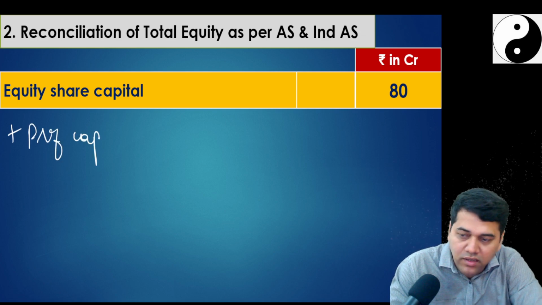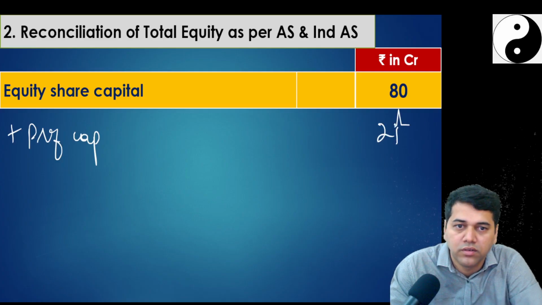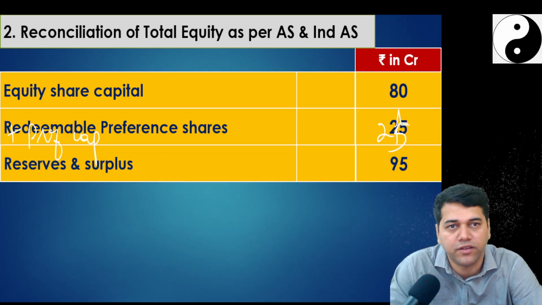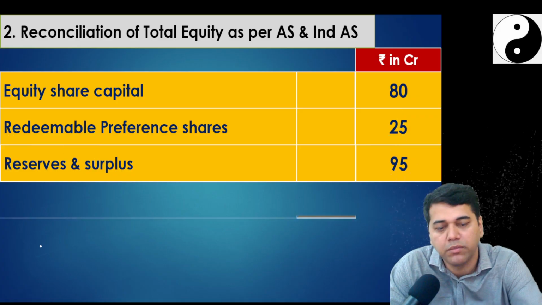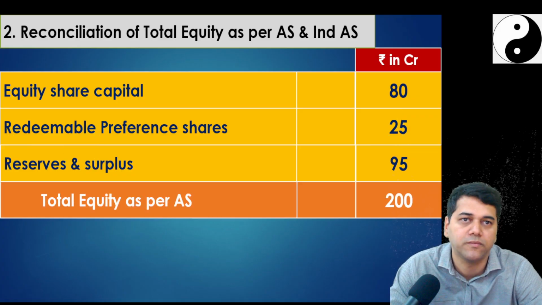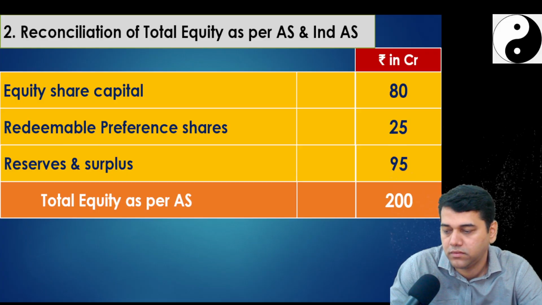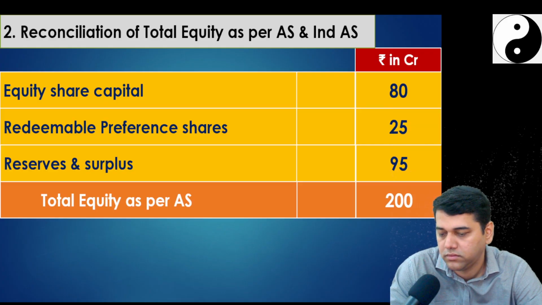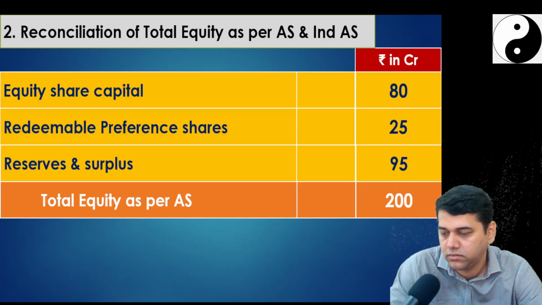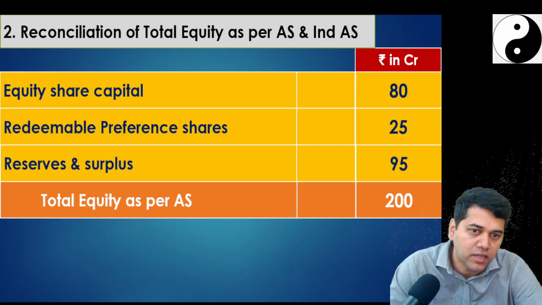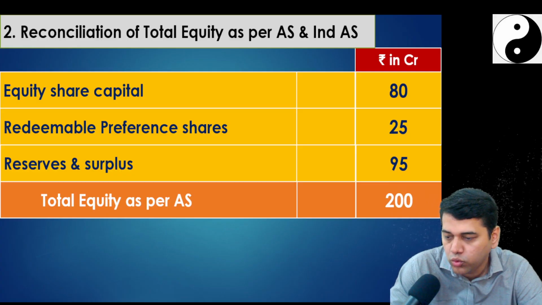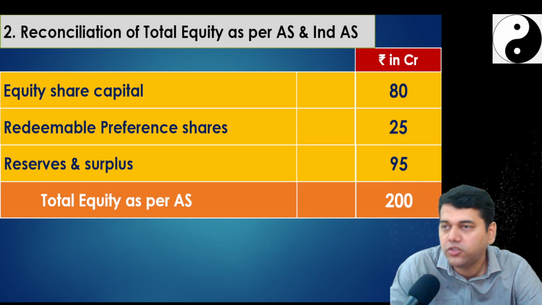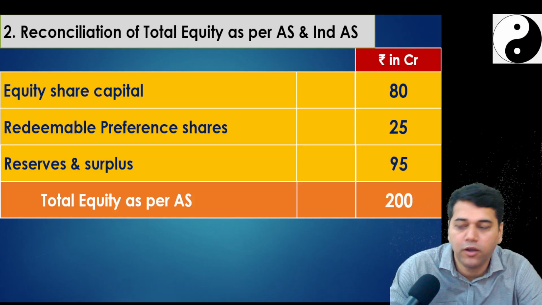Preference capital 25, plus reserves 95. That's it. This is what I had in my total equity. Now this I have to reconcile with 182.03. Can you tell me how I should do it?